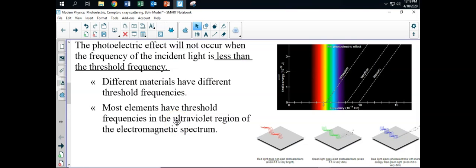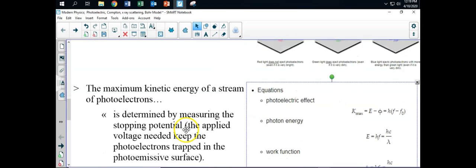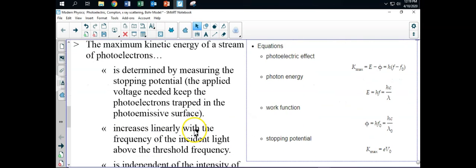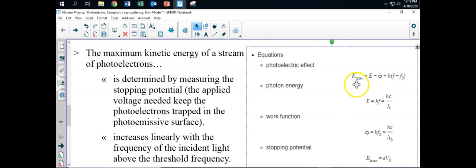Little historical note: Albert Einstein won his Nobel Prize in Physics for explaining this process and providing the mathematical background, which you can see right here. He discovers that the kinetic energy is equal to the energy of incoming light minus the energy required to buy the electron from the metal.